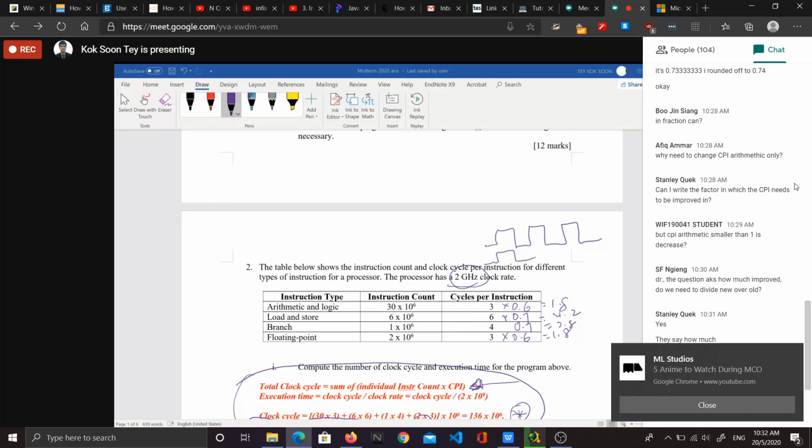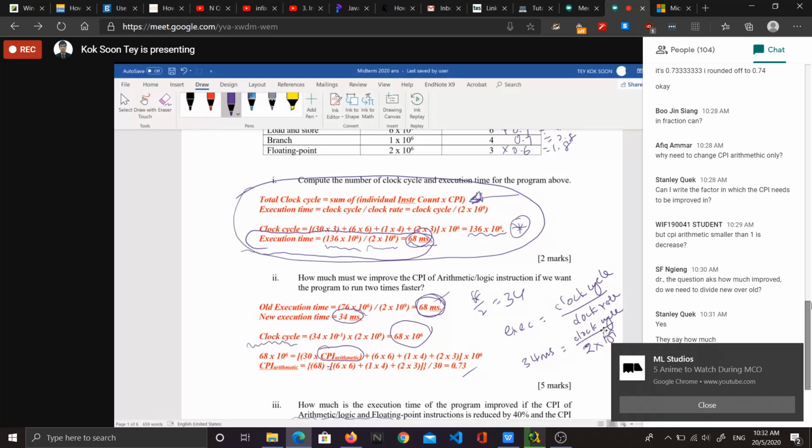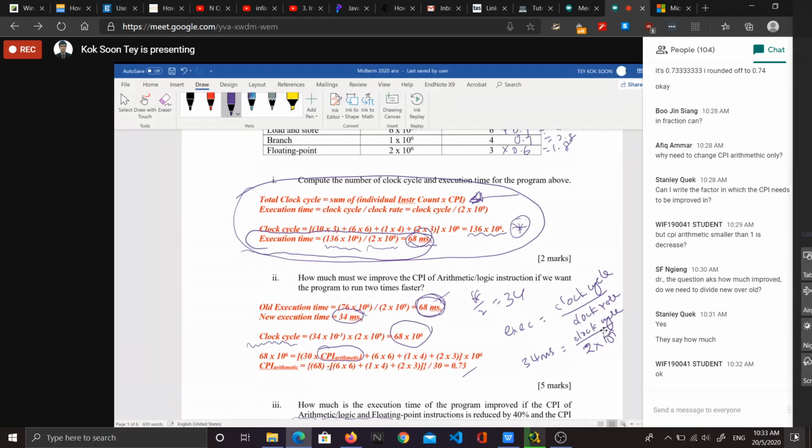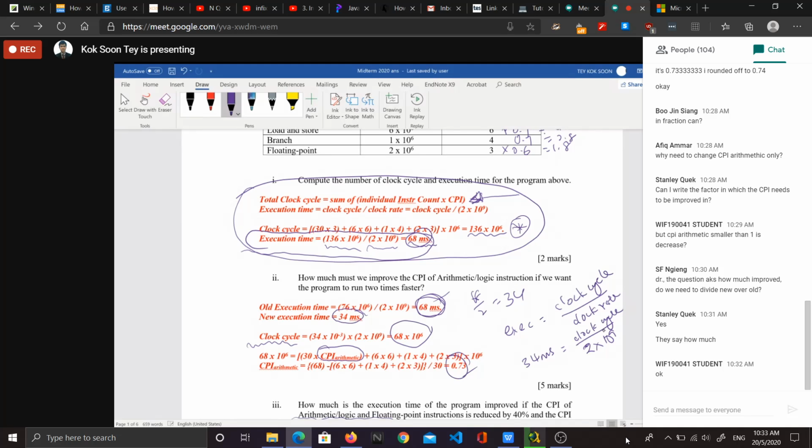Yes, I think you need to divide the new with the old one. Yeah. So at the end you should divide the new and the old one, because they're asking how much. You don't need to give the how much. You just give 0.3, or you want to give ratio also can. Both also correct.